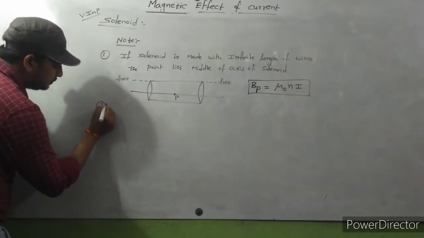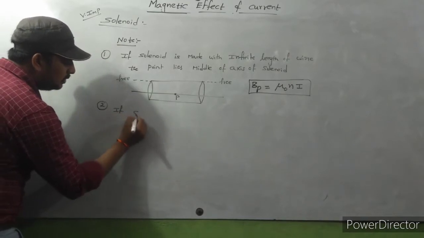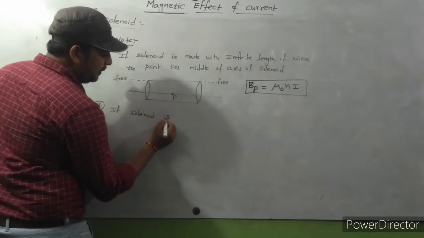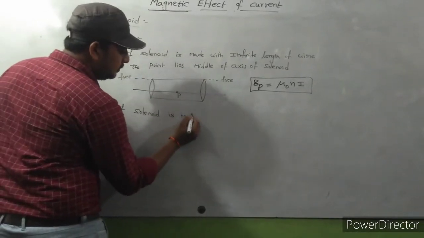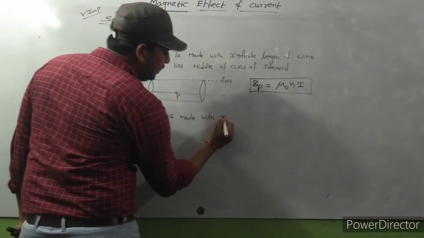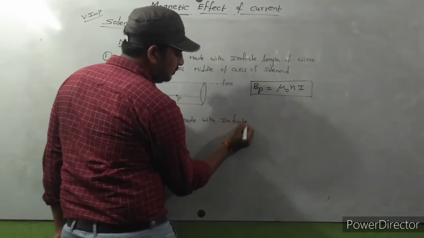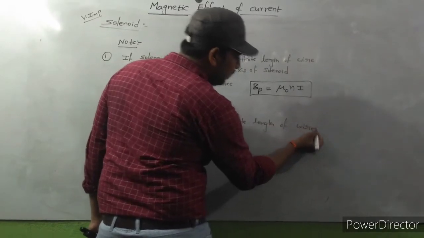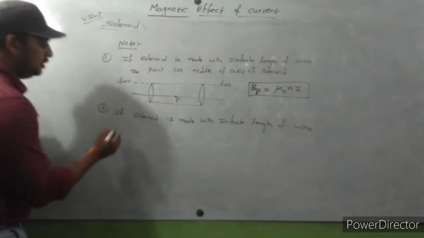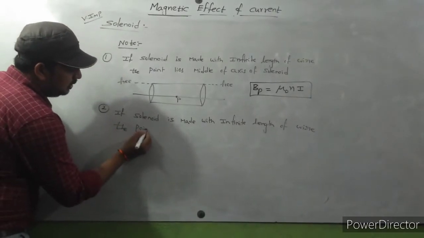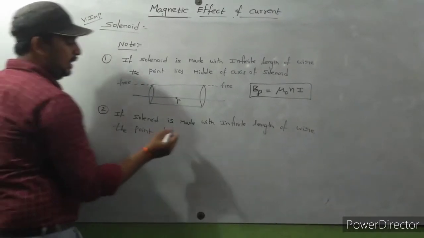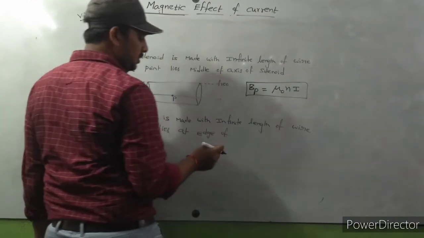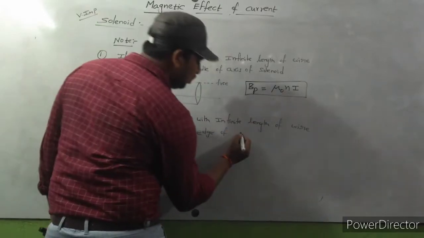Next, second, if the solenoid is made with infinite length of wire and the point lies at the edge of the solenoid.